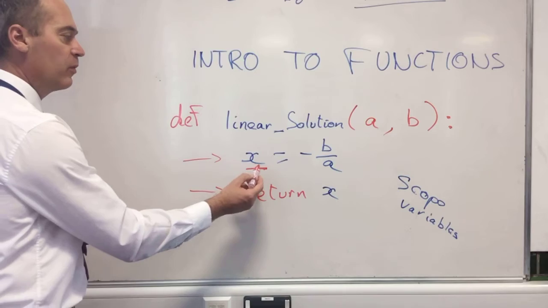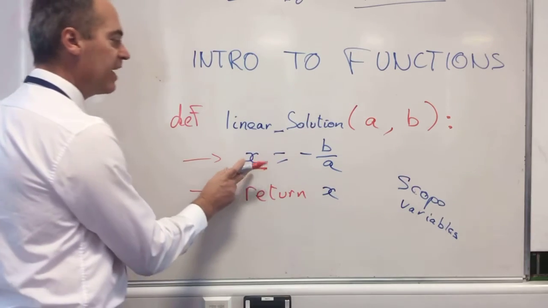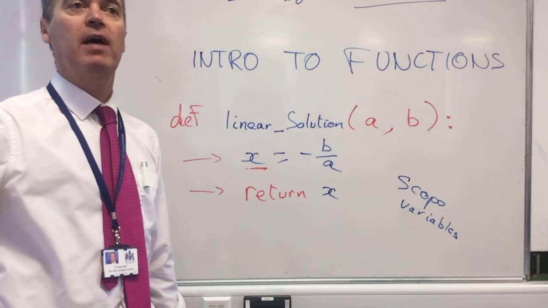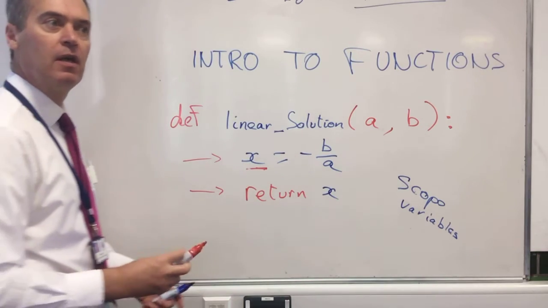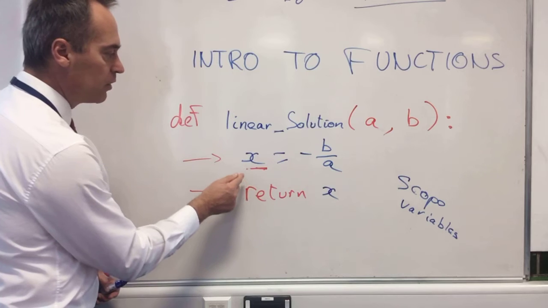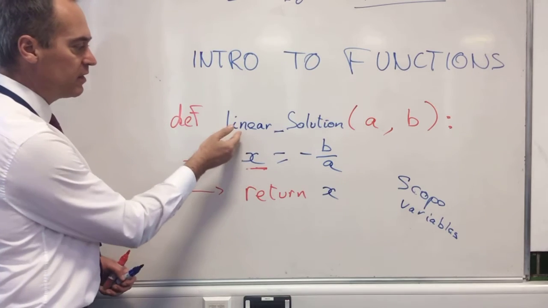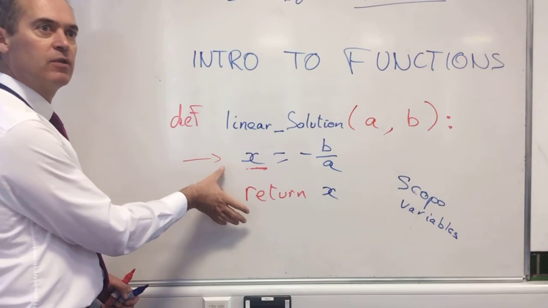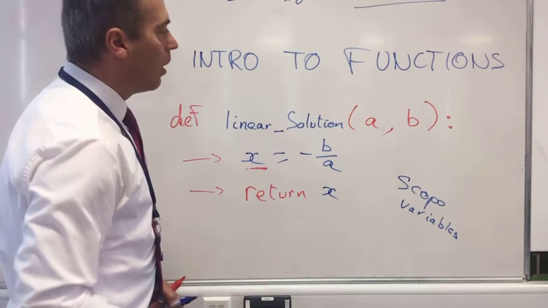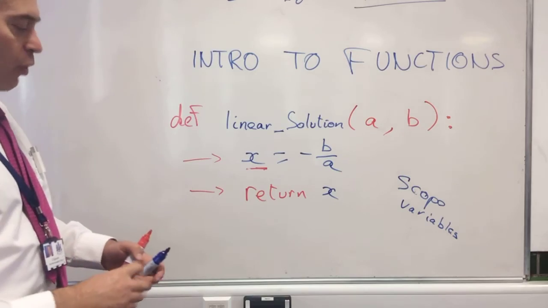Somewhere else in the program, if you use x, I don't know, for some coordinates on the screen, that's possible because this x only exists in these two lines of code. It does not exist outside of a function.